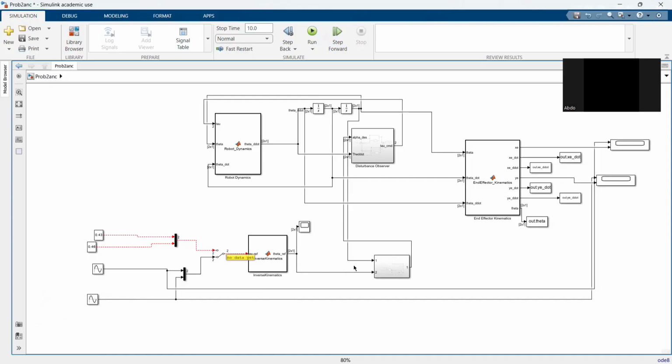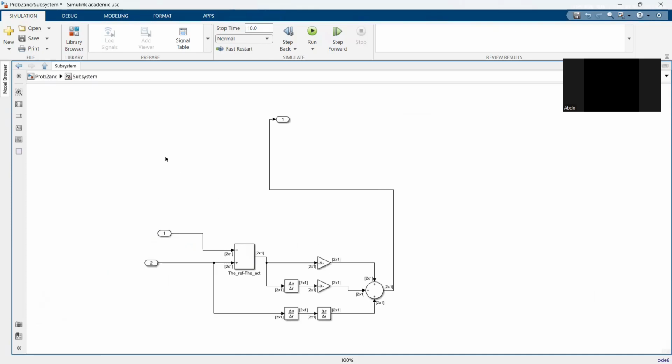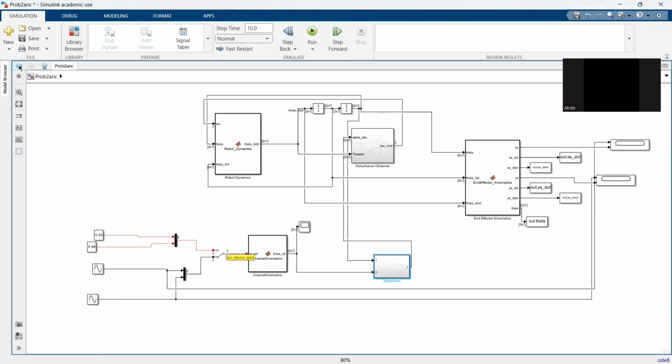After we get the thetas, we use a position controller. This gives us the position error, where we compare the actual angles thetas with the reference.